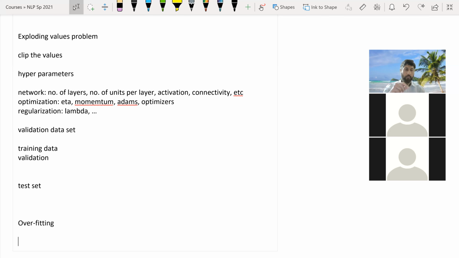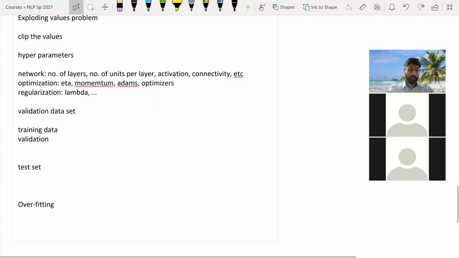And I don't have any book for this so far. I'm just taking it from the internet as well as any deep learning book that you might have. And I'm summarizing it for you. ठीक है? So any questions?